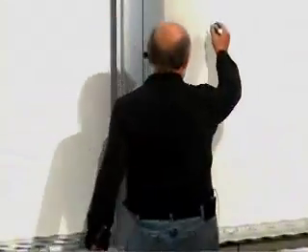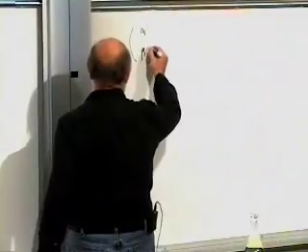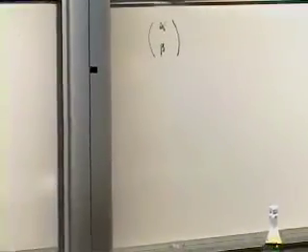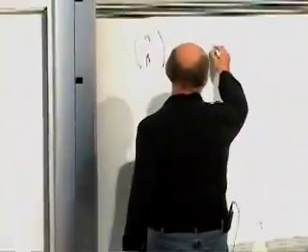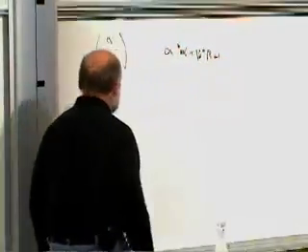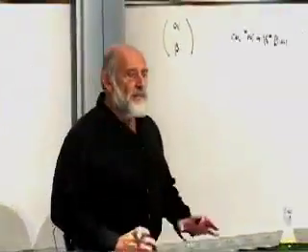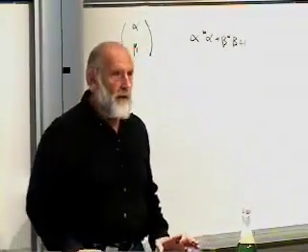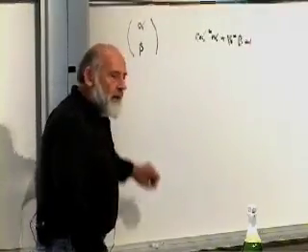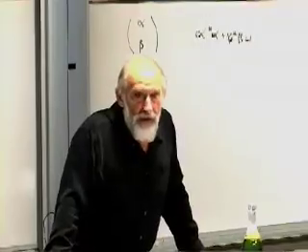What it says is that no matter what state you write down, any vector you write down, alpha, beta, with presumably alpha star alpha plus beta star beta equals 1, so that it's normalized, there is always some direction of space such that if the electron is in this state, then the spin along that direction is definitely plus.